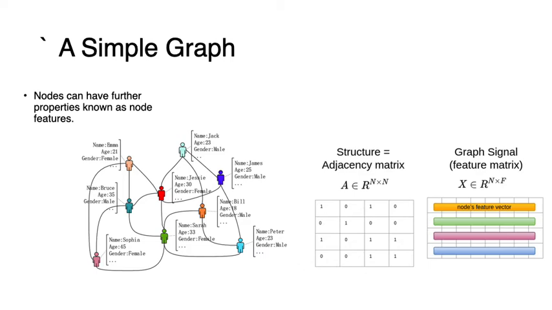The size of A is n by n, where n is the number of nodes or vertices, and for the feature matrix the size is n by f, where n is the number of nodes and f represents the feature vector size, or the number of features each node consists of.